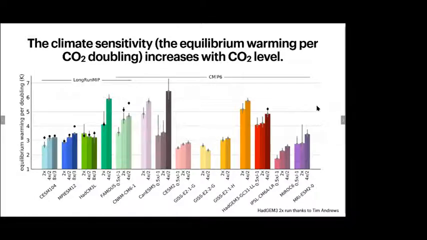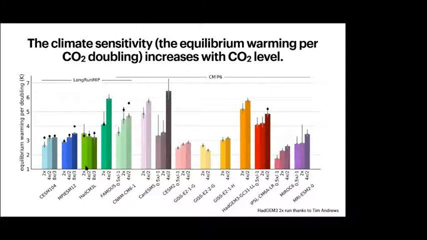This plot shows, for the colored bars above the 2 times, the estimates of the warming under abrupt 2 times CO2 for CMIP6 models and some models from the LongRunMIP data set. Because of the low signal-to-noise ratio for abrupt 2 times simulations, an assumption is often made that the warming per doubling is constant, so that you could instead do an abrupt 4 times simulation and use the resulting warming to estimate the response to an abrupt 2 times increase.